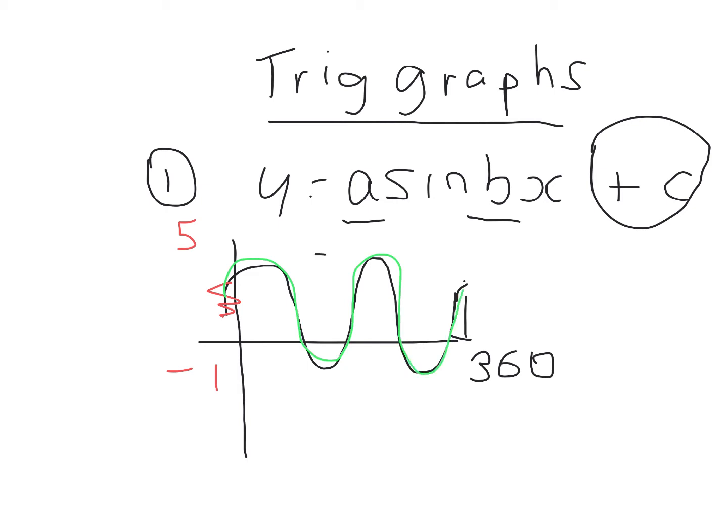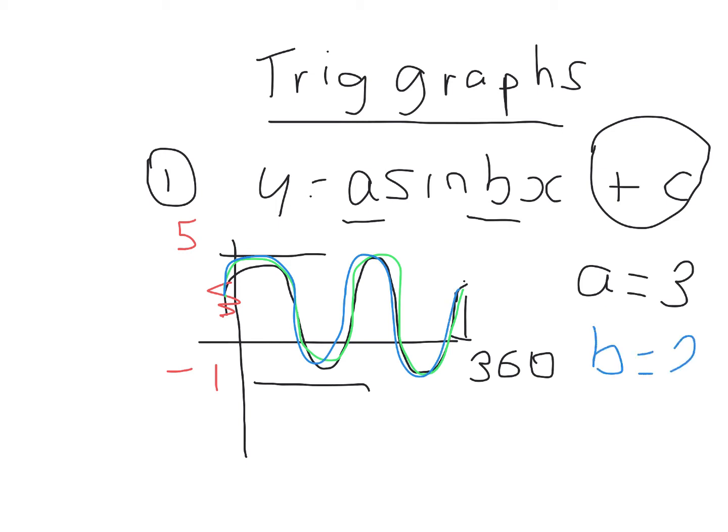So if the curve goes up to 5 and down to minus 1, that's 6, half that to get the amplitude, and that means that the amplitude is 3. Okay, we can see that there is two complete curves in 360, so b is equal to 2.